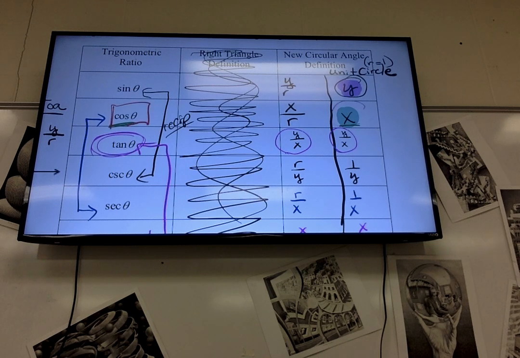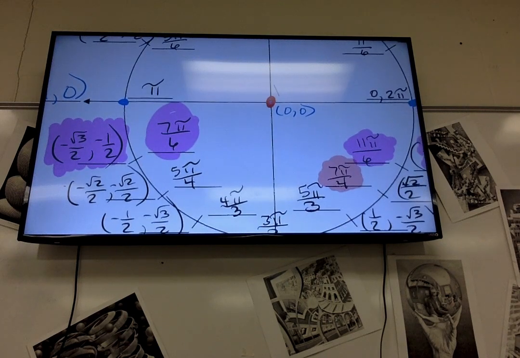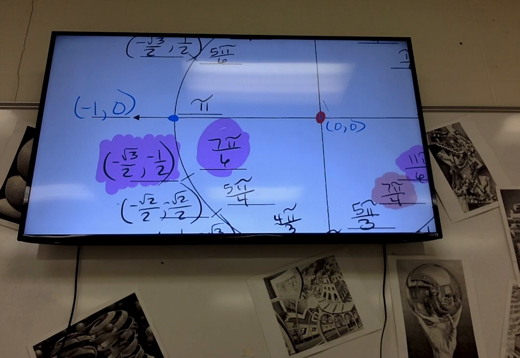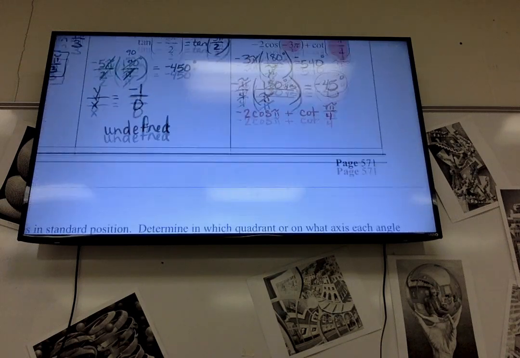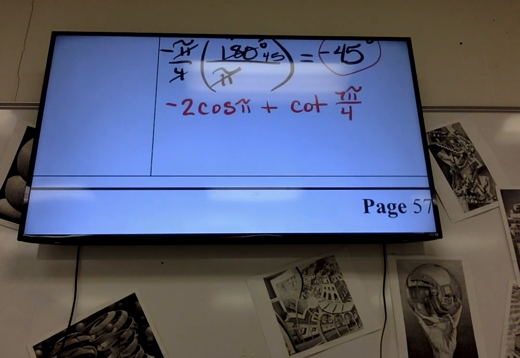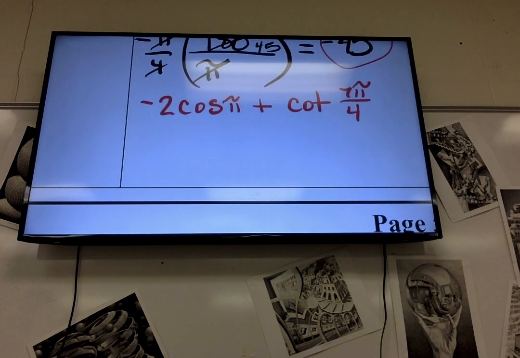Cosine is x. So if we look at pi, the x coordinate is -1. So the cosine of pi is -1.